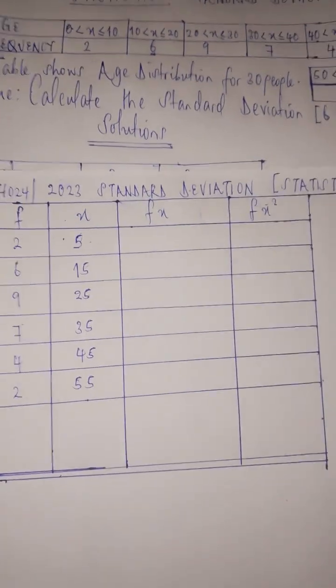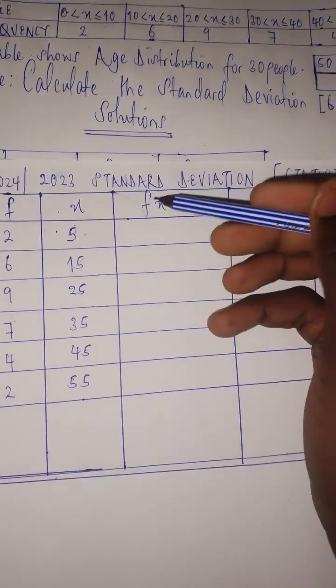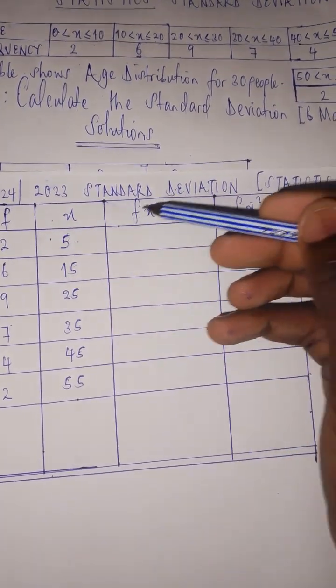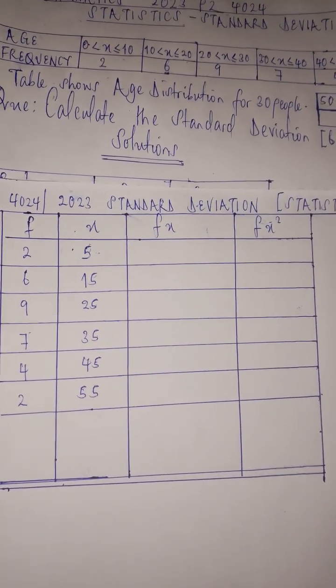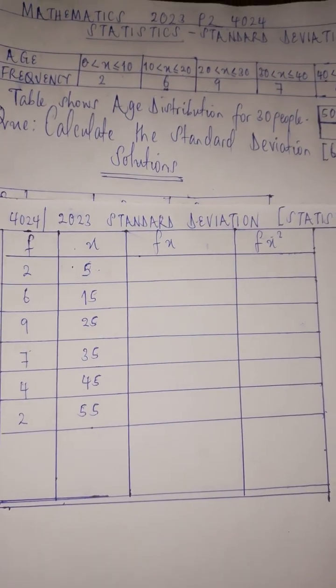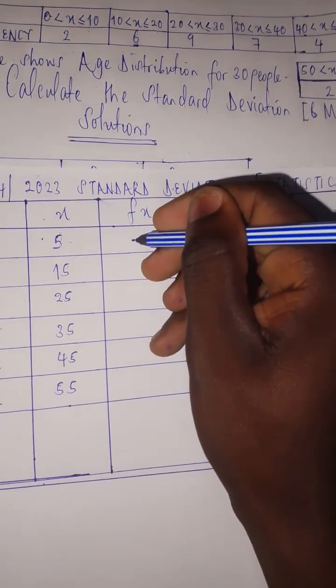So I'm now going to calculate the frequency midpoint by just multiplying the frequency by the midpoint. So 5 times 2, that is 10. So I'm going to have 10 here.